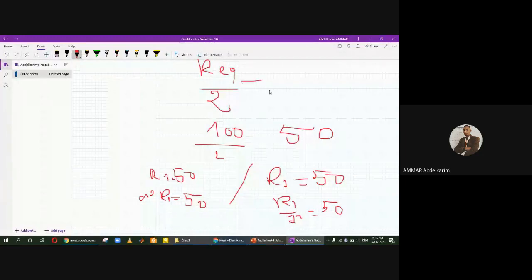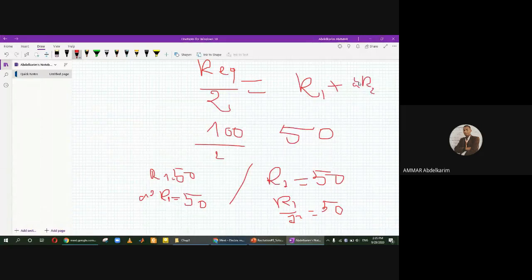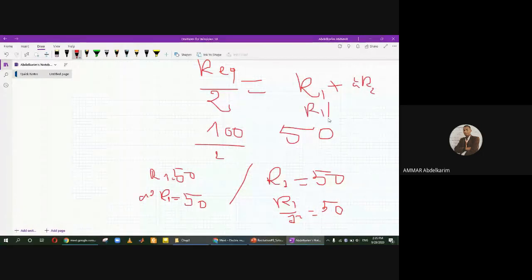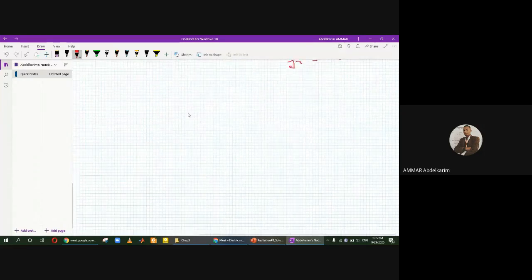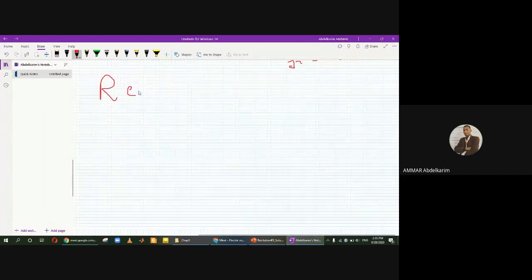Yes, R equivalent, is it R1 plus R2 A square, or R1 over A square plus R2? Let me repeat. This is R equivalent.